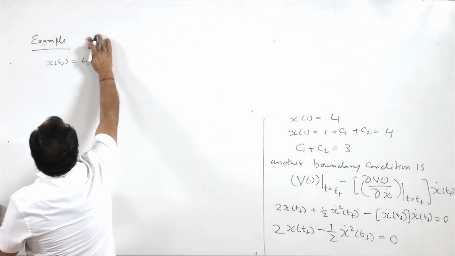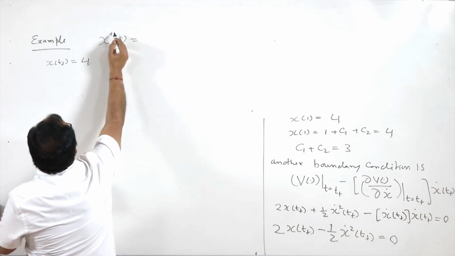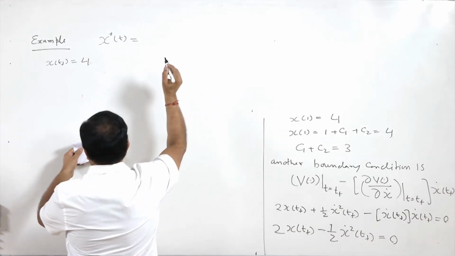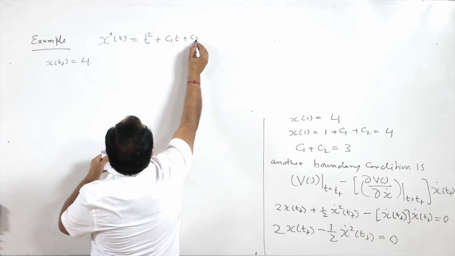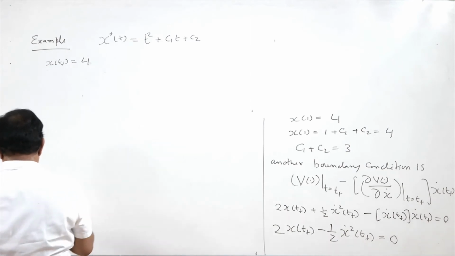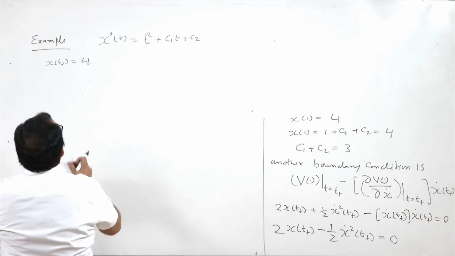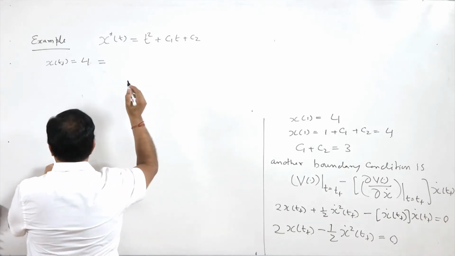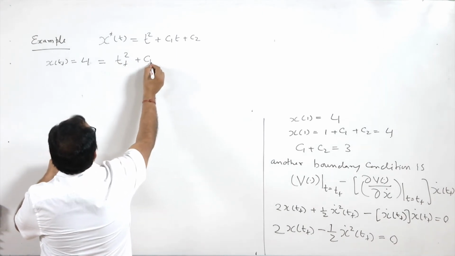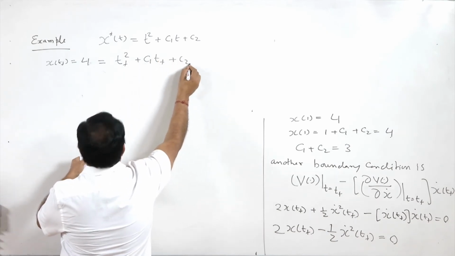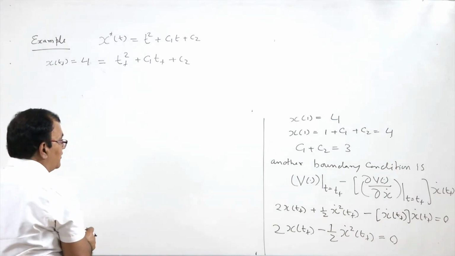If you see, we have found x*(t) as t² plus C1 t plus C2. So, we can write this as tf² plus C1 tf plus C2. So, this is my x(tf).